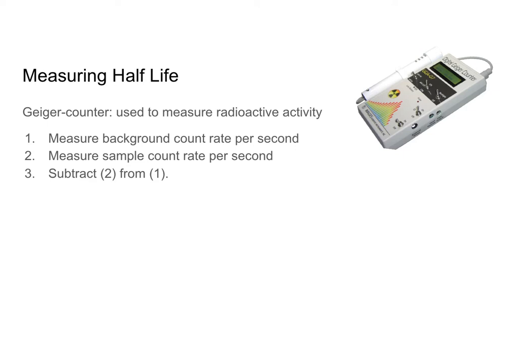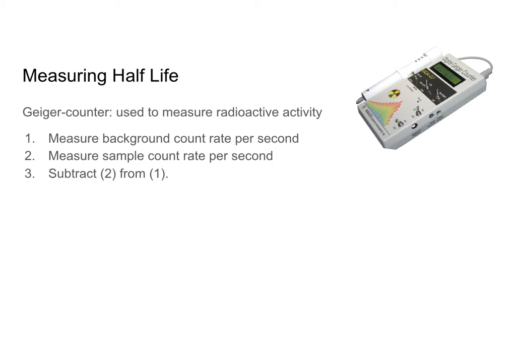So we want to see how much radiation there is. Atoms in our environment are constantly undergoing radioactive decay, so we are constantly having those radioactive particles released into the environment. So we have to know what the background radiation is in our area, because if the background rate is significant, that is going to affect our sample count rate.